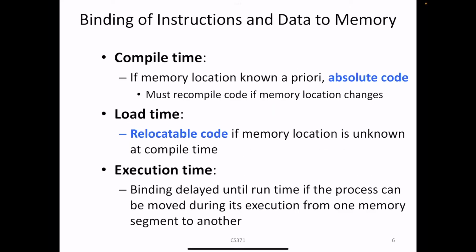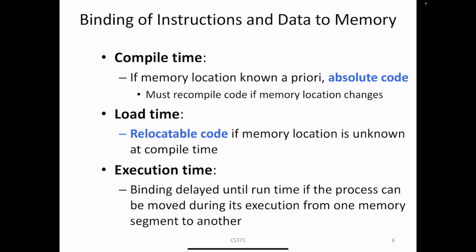Then let's see how we bind the instructions and the data to main memory. There are three types of address binding of instructions and data to memory. The first one is compile time binding. For this one, the compiler is in charge of the address binding task.